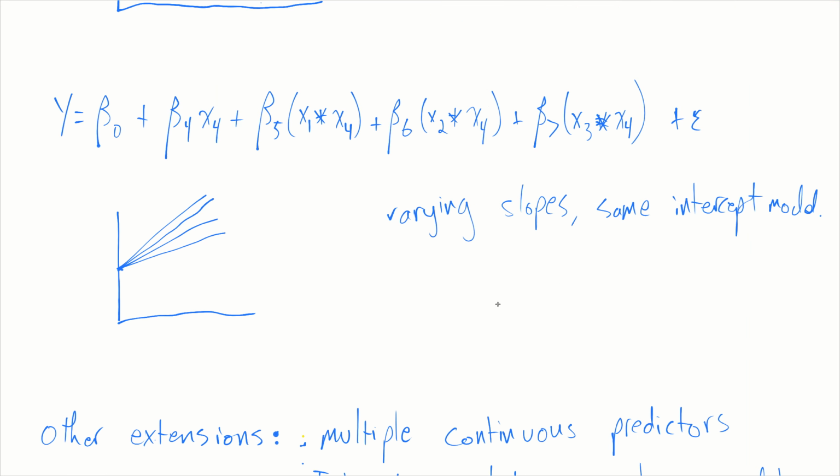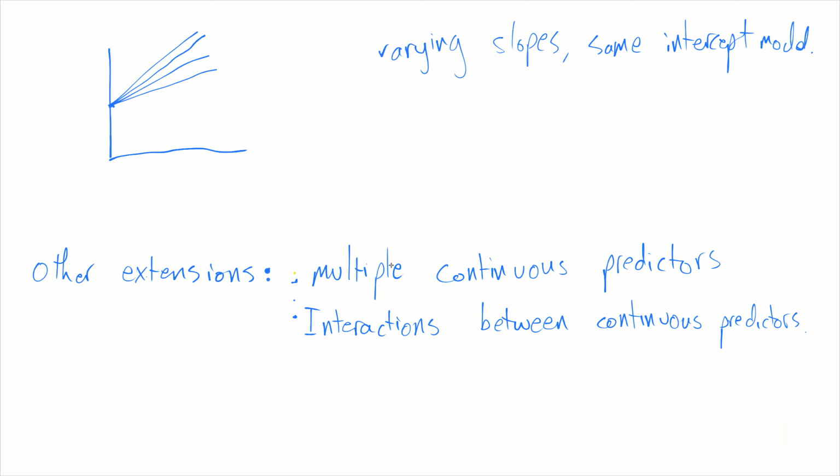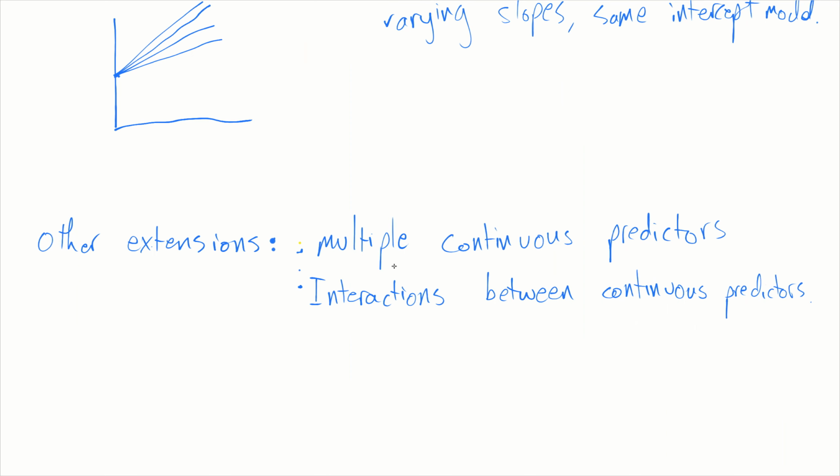So up here, when we multiply the indicator variable by the continuous variable, that's what's called an interaction. There's an interaction between the indicator and this continuous variable. It's also possible to have interactions between continuous predictors. So there could be an interaction between available nitrogen and soil moisture content. So that can make it a little bit more complicated.